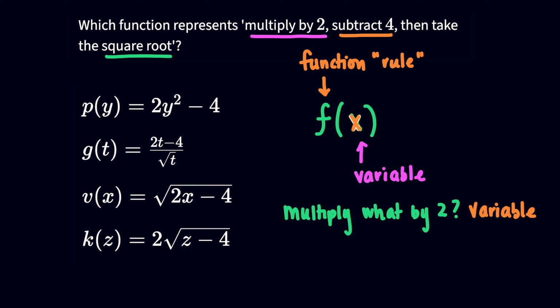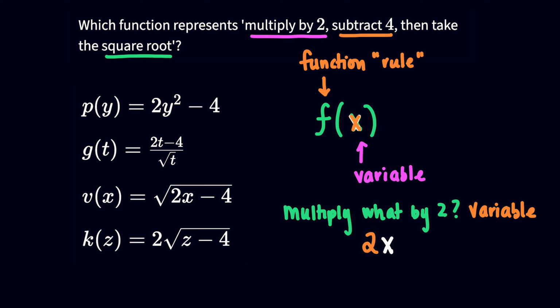Let's use our x value. We're going to take the variable and multiply it by 2. Usually with multiplication, we put the number first, so 2, and then multiply it by the variable, which is x. So for ours, we have to have a 2 times the variable.